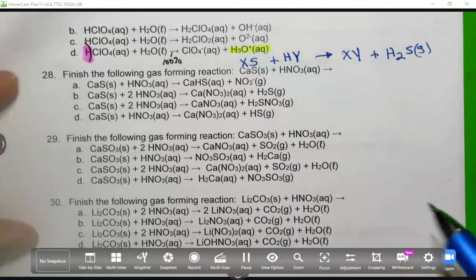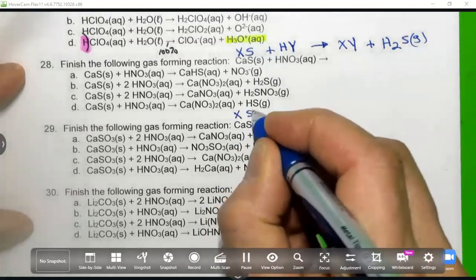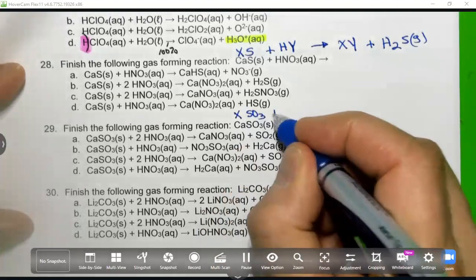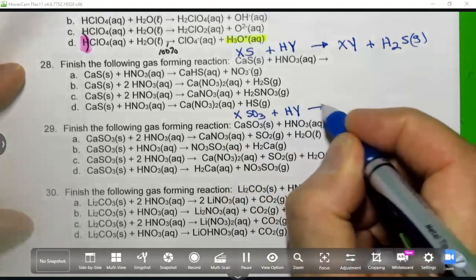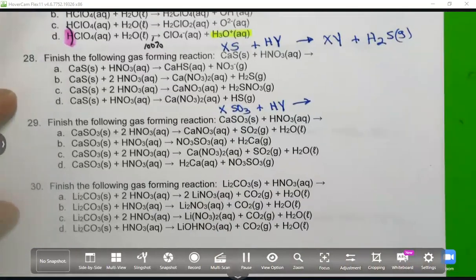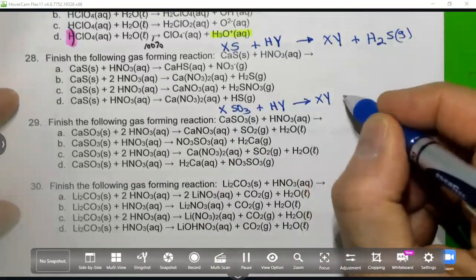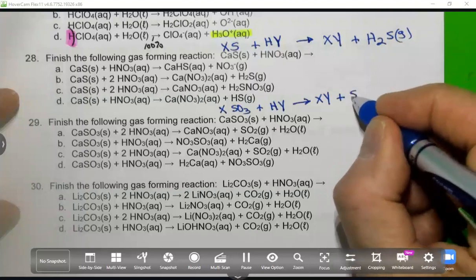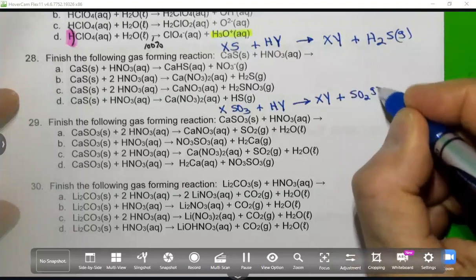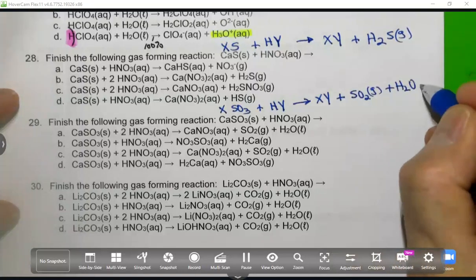Let's look at the next one. We have XSO3 plus HY. We should get XY plus SO2 plus H2O liquid.